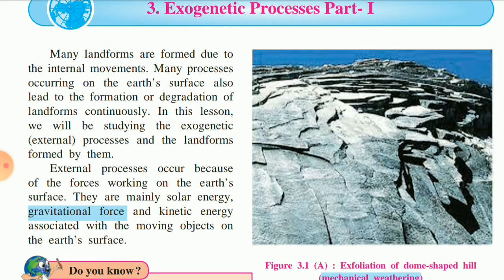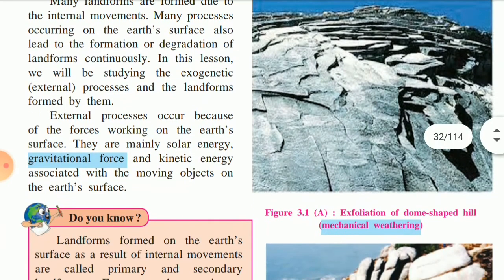So outside as well, different processes occur. In this lesson we will be studying the exogenetic process, or the external process, and the landforms created by this process. So let us go further.